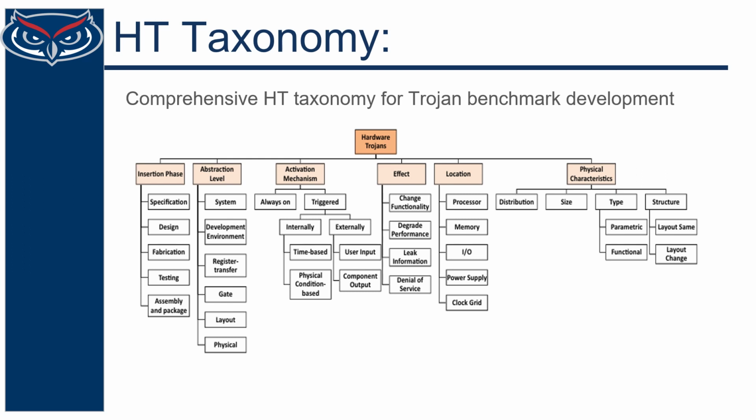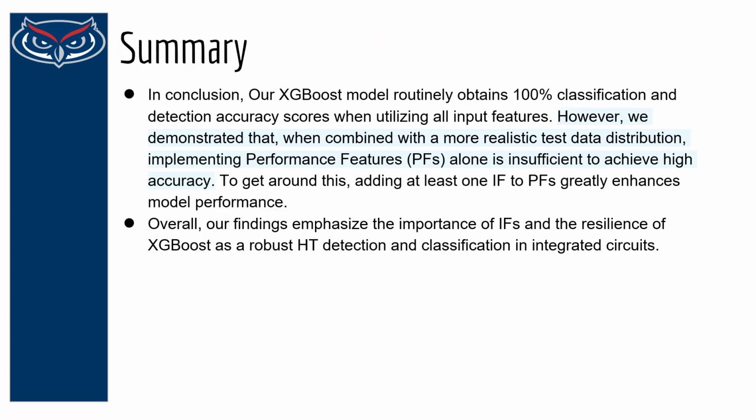Physical characteristics. In physical characteristics, Trojans can alter circuit physical characteristics, an assault that involves many hardware manipulations. A Trojan can be of functional or parametric type.